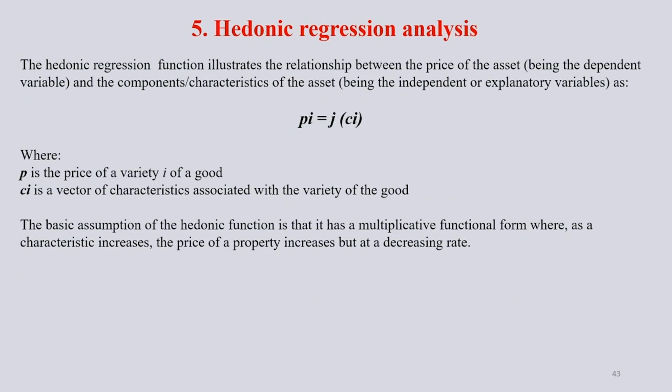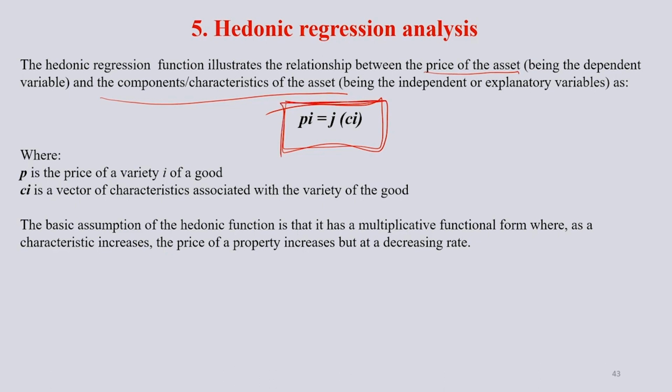Now the hedonic regression analysis, or the function, illustrates the relationship between the price of the asset and the components or characteristics of the asset. This is the formula or expression through which we can actually estimate it.